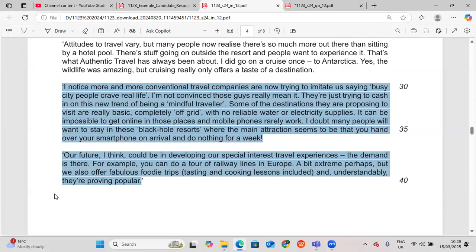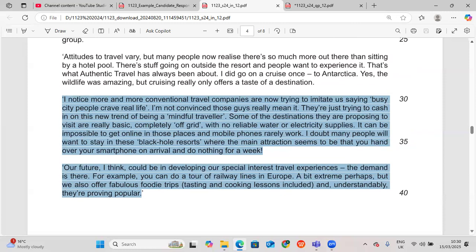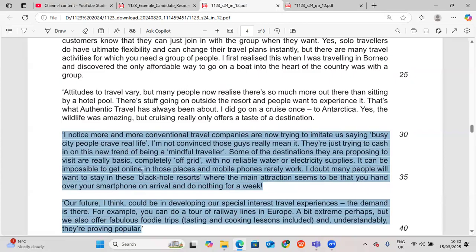All right. Thank you. Okay, now, so these last two paragraphs are actually something that his company is not offering, and he is negating the point over here that traveling to black hole resorts, or maybe to the places where there's no electricity, or maybe companies that are actually promoting mindful travel, is not going to be worth it.